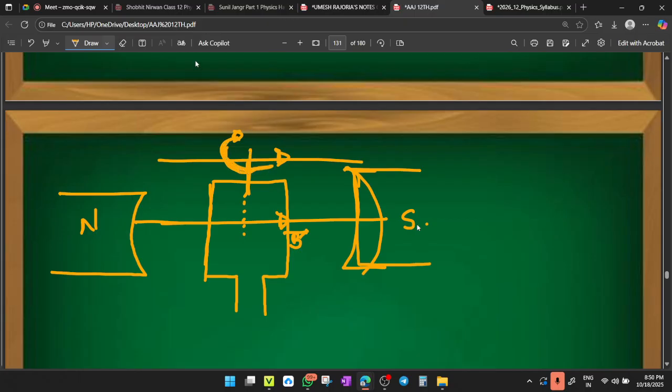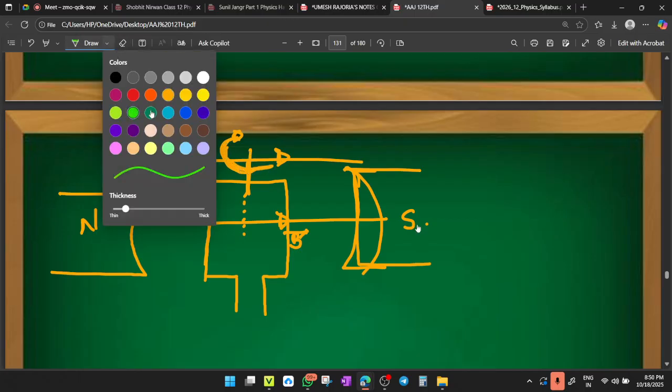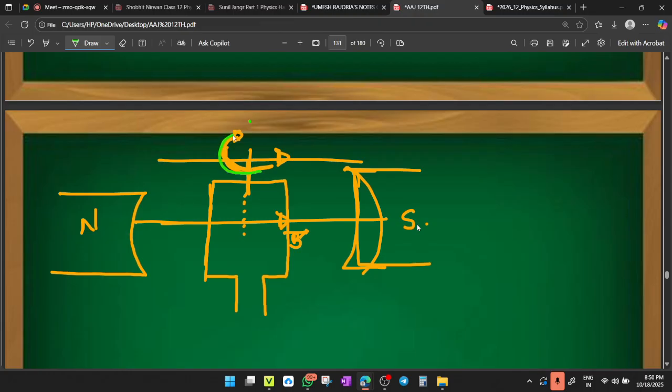Clear? You are rotating this coil in the clockwise direction. Now tell me the direction of current here in branch AB. Is the current direction A to B or B to A?